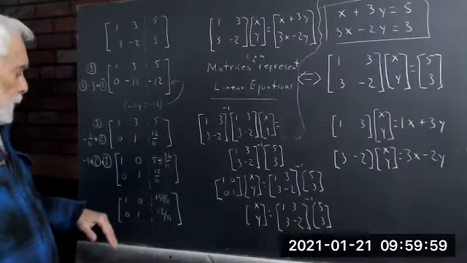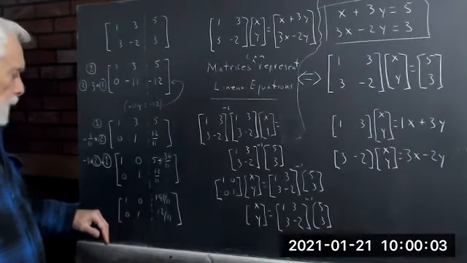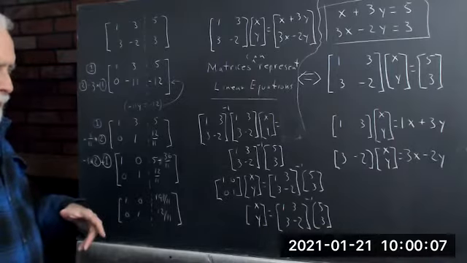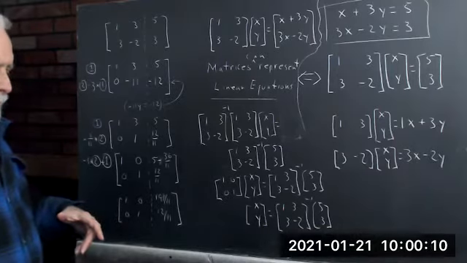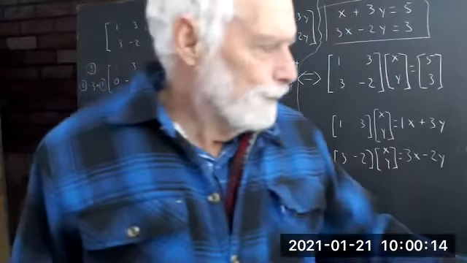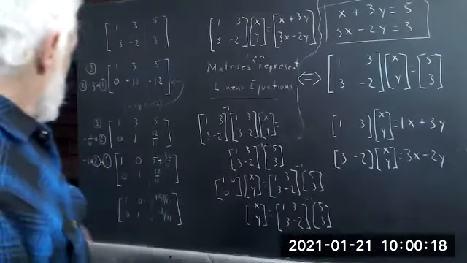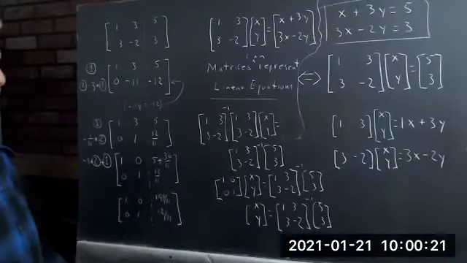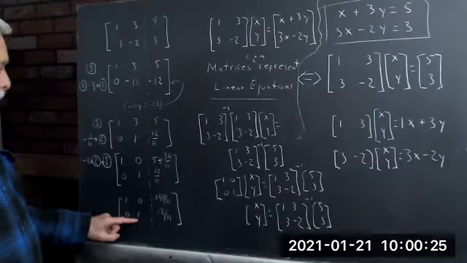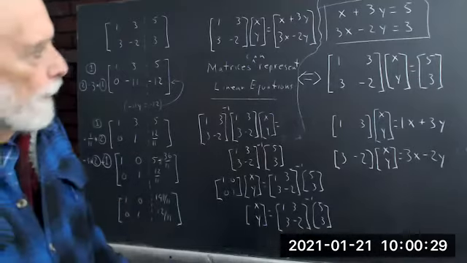Now there's a little more to it than that, but that's an echelon form. Let me make sure I've got the book's terminology. Okay, yeah, that's row echelon form. And reduced row echelon form, you reduce everything to ones here. Because having ones here tells you like X equals, Y equals, and so forth.